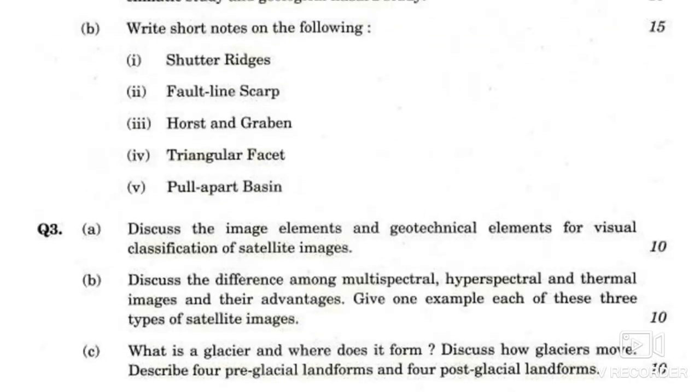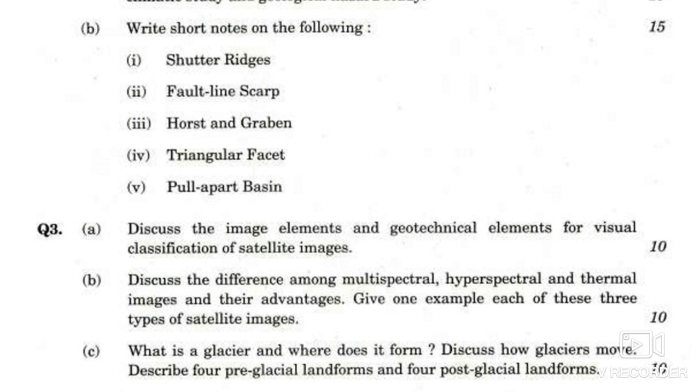Okay. And question number 3A, that is discuss the image elements and the geotechnical elements for visual classification of satellite images. Okay, the elements of images and geotechnical elements for the visual classification of satellite images.